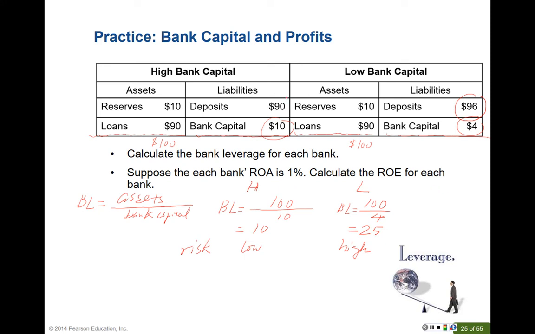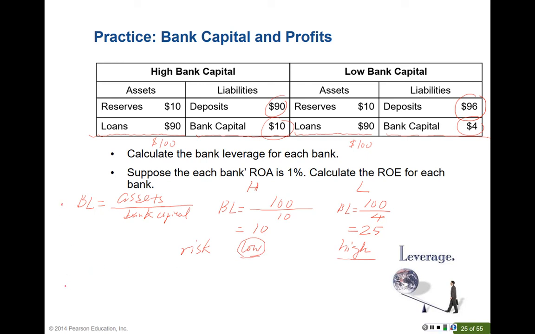But for the high bank capital, because more money comes from the owners, less money comes from deposit, only $90. So this bank faces a lower level of liability or obligation. They just need to pay back $90, which means they face a lower level of risk. So from the risk perspective, you may argue the high bank capital is better because the risk is lower.